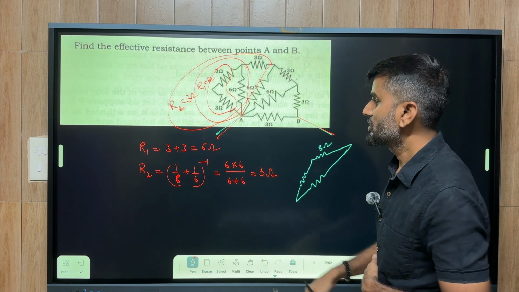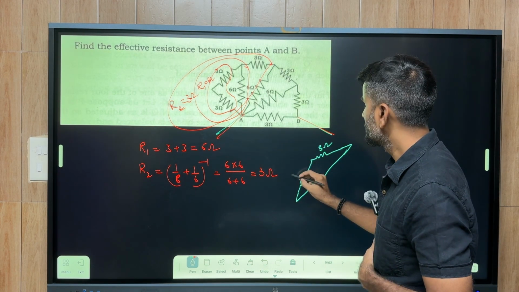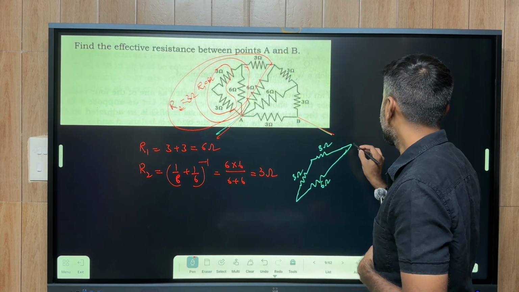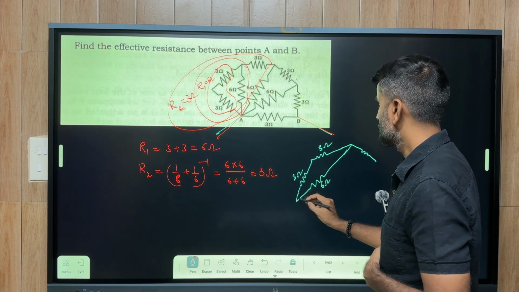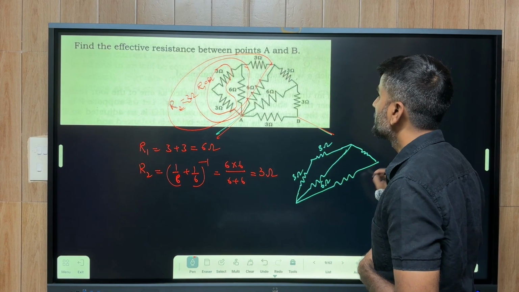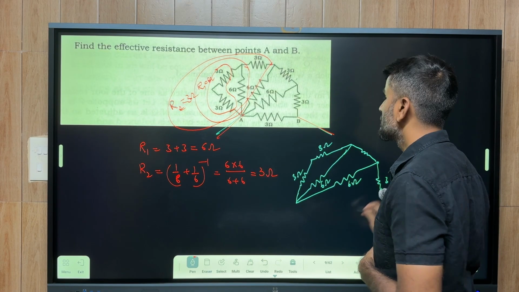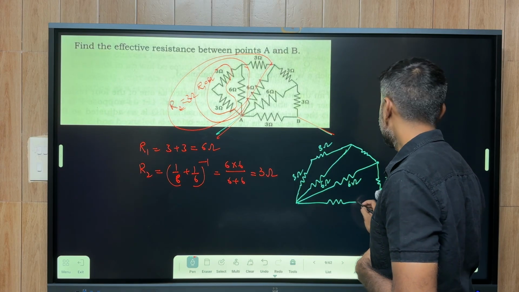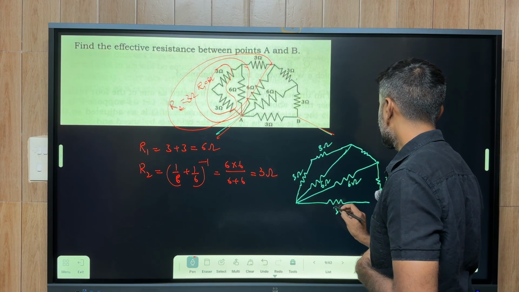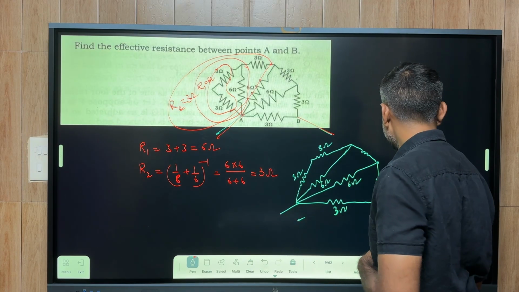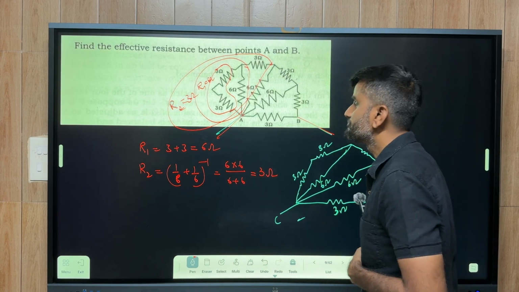This is 3 ohms, and here R2 is 3 ohms again, and here we have 6 ohms, and again 3 ohms, again 6 ohms, and again 3 ohms, and here we have 3 ohms. This is the circuit between A and B.